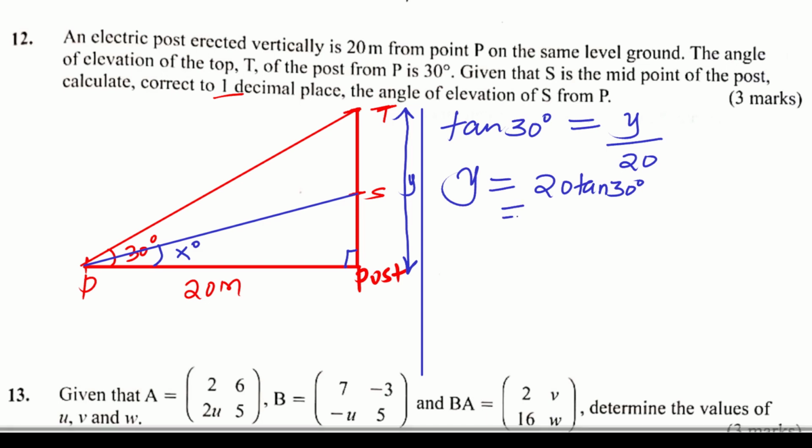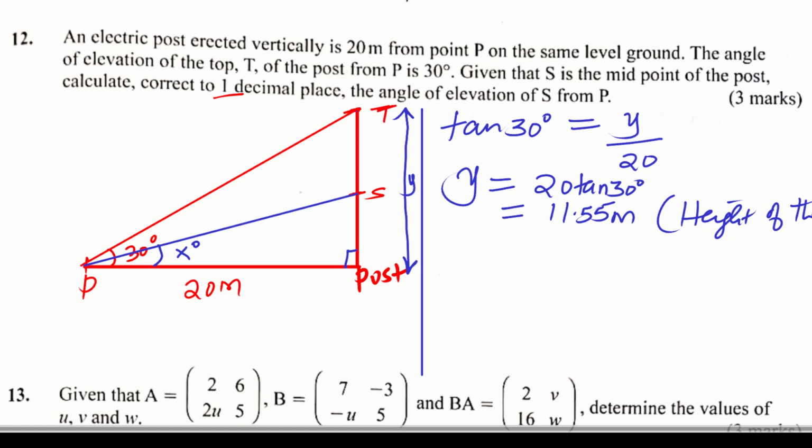Using a calculator, you get this as 11.55 meters. This is the height of the post. Now there's another statement that is going to help us: given that S is the midpoint of the post.